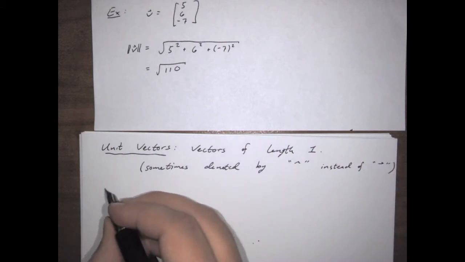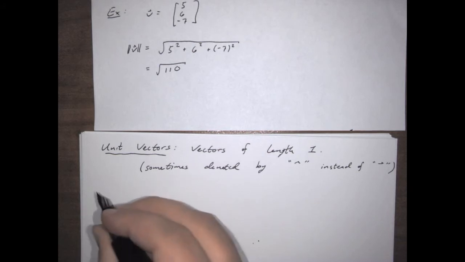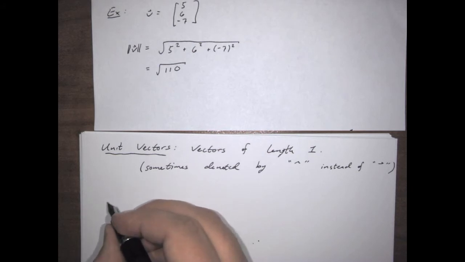Now, we can find a unit vector that goes in the same direction as any given non-zero vector by doing the following.